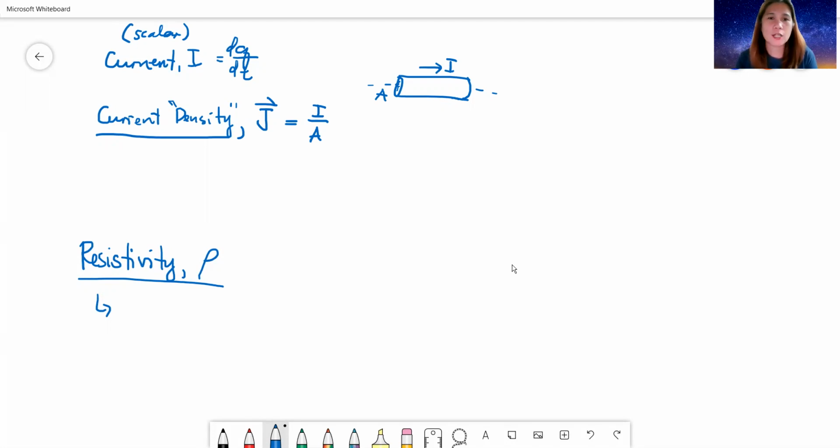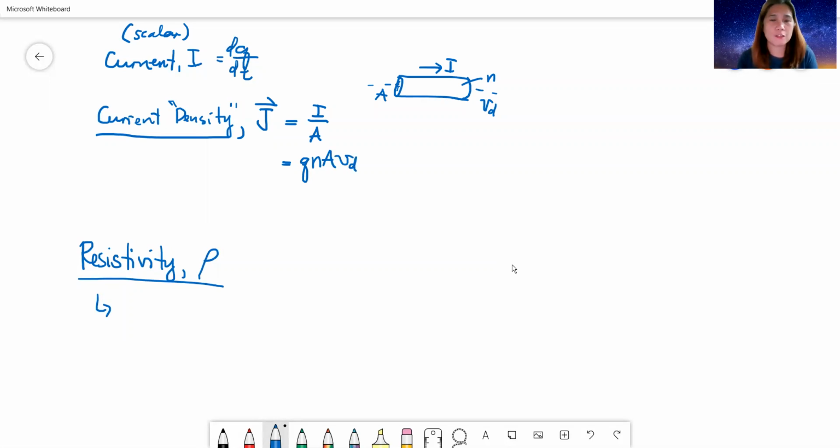We can also have another expression for current density, in terms of the concentration of the charges, the free electrons in your wire, and the drift velocity. We learned earlier that current is equivalent to the charge times electron concentration times the cross-section area of your wire times the drift velocity.